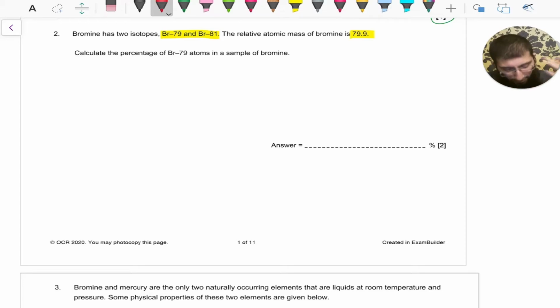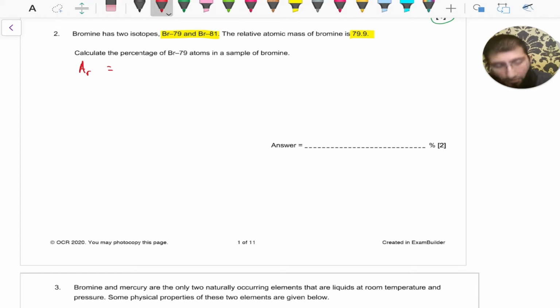Firstly, let's start off with relative atomic mass, often given the symbol capital A subscript R. To work out the relative atomic mass, you multiply the percentage abundance of isotope 1 by the mass number of isotope 1, and add the percentage of isotope 2 multiplied by the mass number of isotope 2, plus isotope 3 multiplied by the mass number of isotope 3, etc., divided by 100.